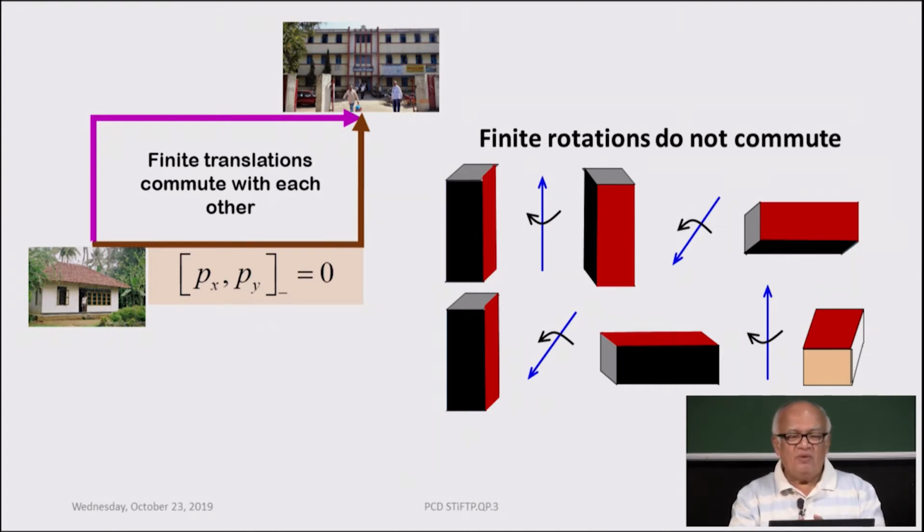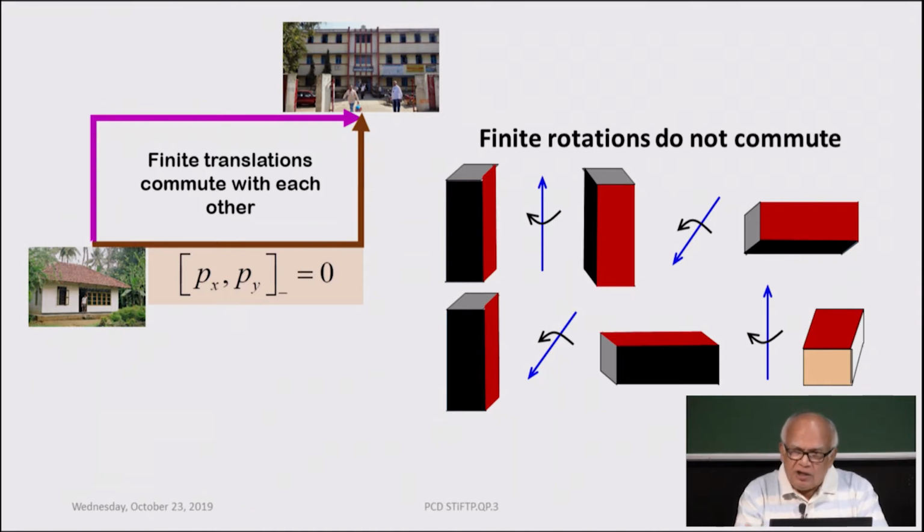So you have these translational displacements which commute as a result of the fact that the generators of these displacements, which are the linear momentum operators px and py, commute. So they generate an abelian algebra, they commute.